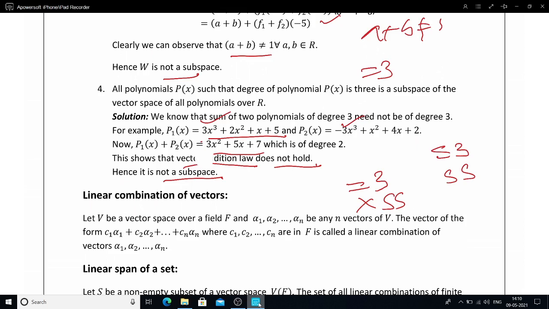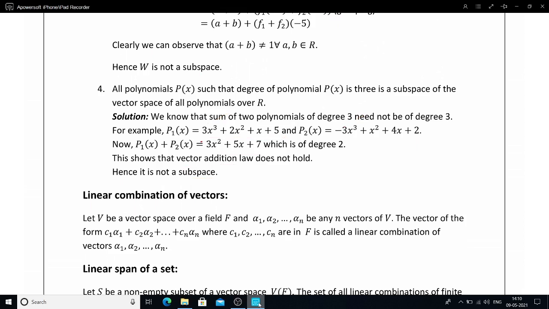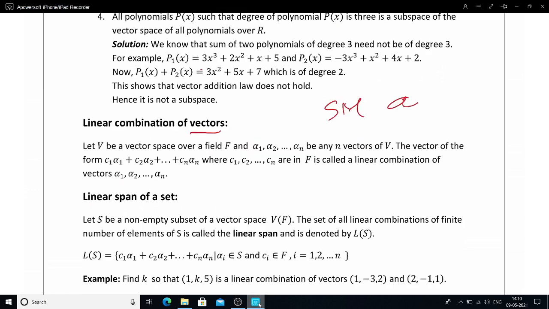Linear combination of vectors. To define a linear combination of vectors, we need a set containing vectors. Scalar multiplication means multiplying a scalar by a vector. The combination of such scalar multiplications of vectors is said to be a linear combination of vectors.